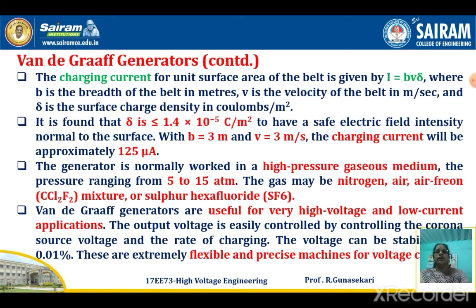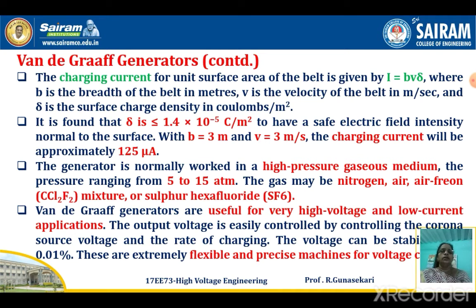Then you see, the charging current I is equal to B into V into delta. Delta is the surface charge density, B is the breadth of the belt in meters, and V is the velocity. The unit of delta is coulomb per meter square.